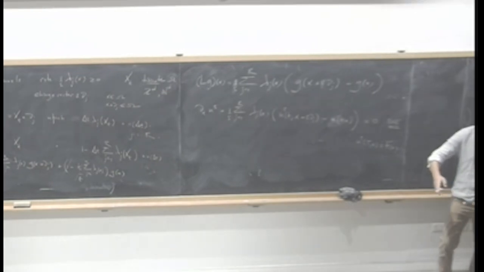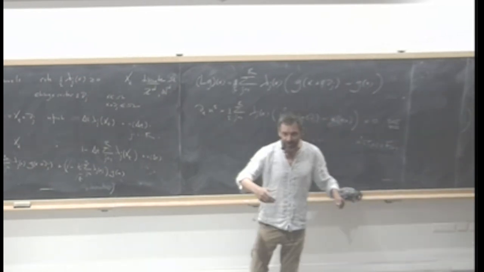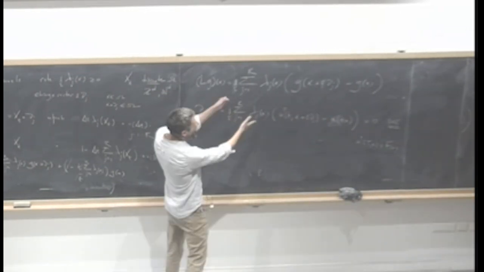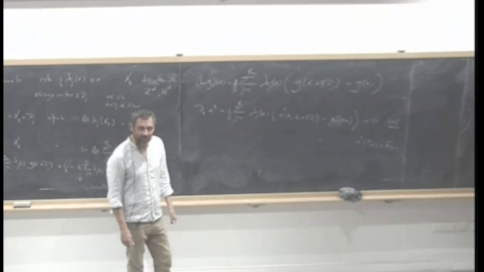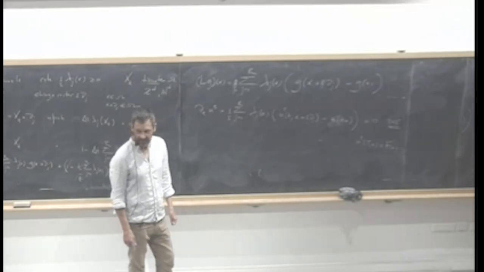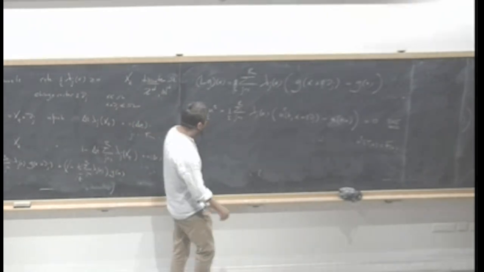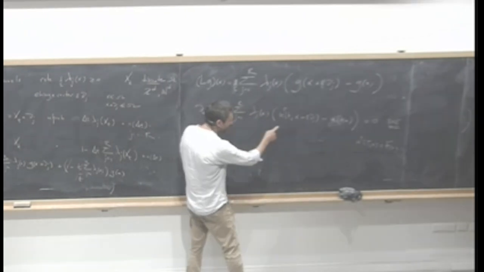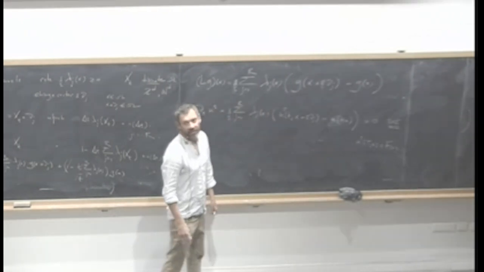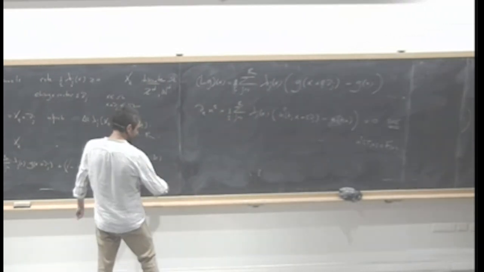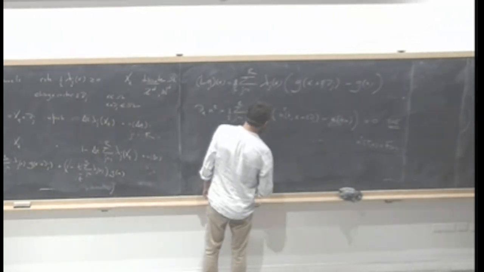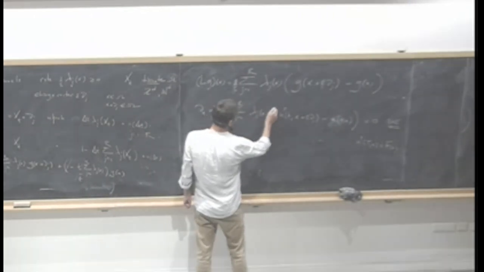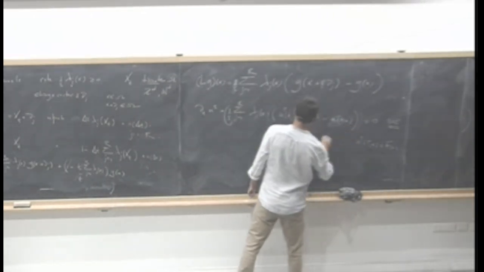For the last 10 minutes, we're going to do this class interactively. What is the limit of epsilon going to 0 of this equation? There's 1 over epsilon here, there's an epsilon there. What does that converge to?